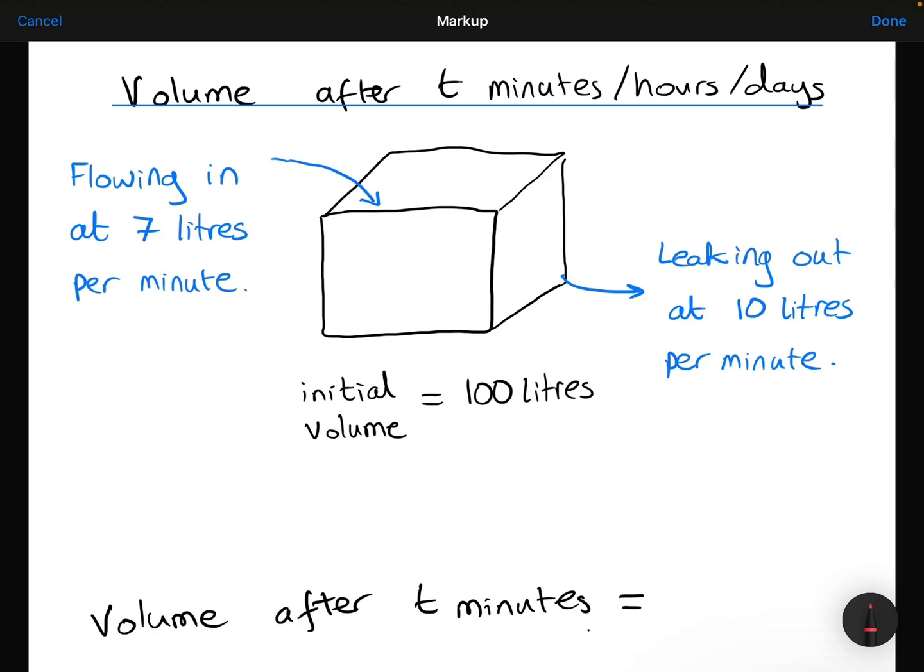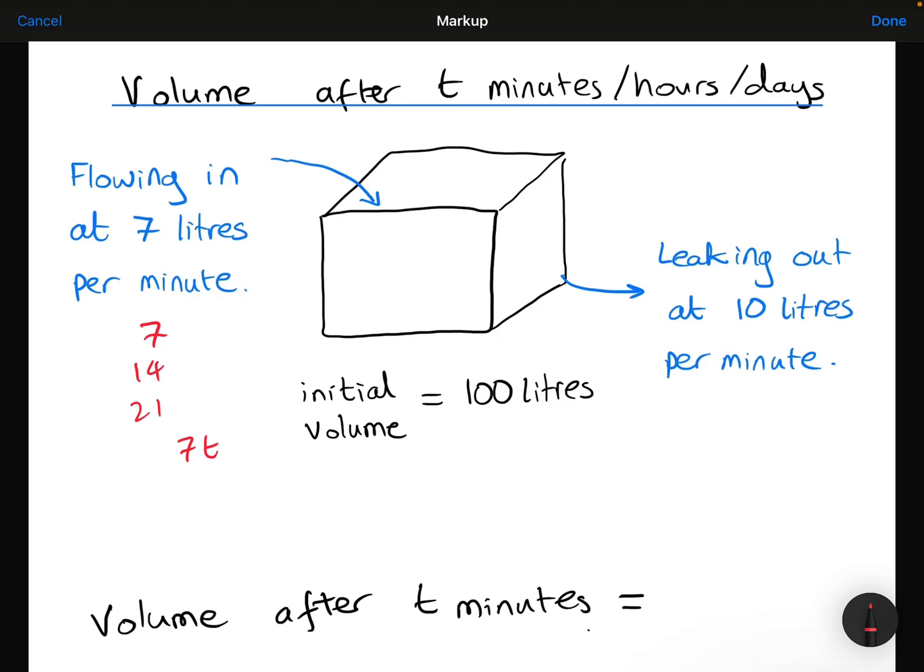So I know after 1 minute, 7 litres has gone in. After 2 minutes, 14 litres has gone in. After 3 minutes, 21, and so on. So generally, after t minutes, 7t litres have gone into that container.